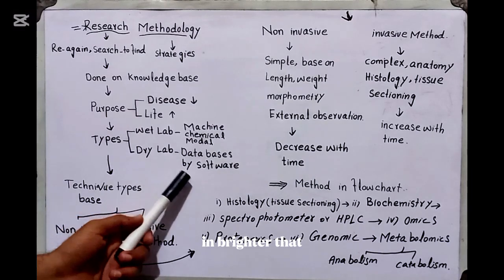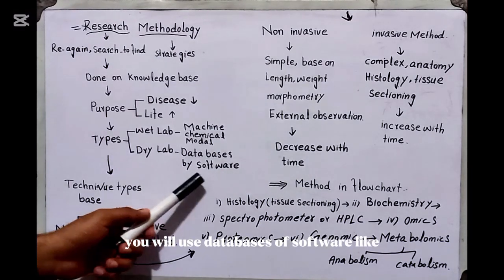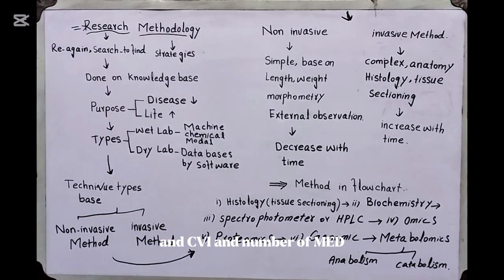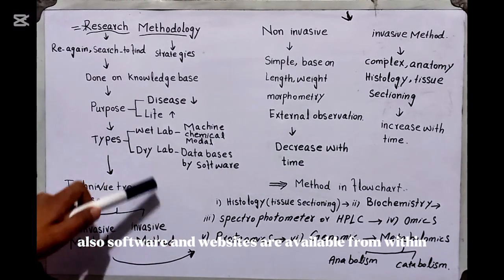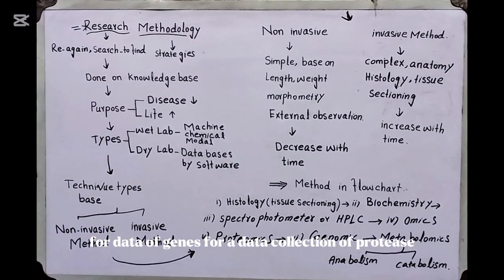In dry lab, you use databases and software like NCBI and PubMed, and a number of other software and websites from which we gain data, for example data of genes and data collection of proteins.